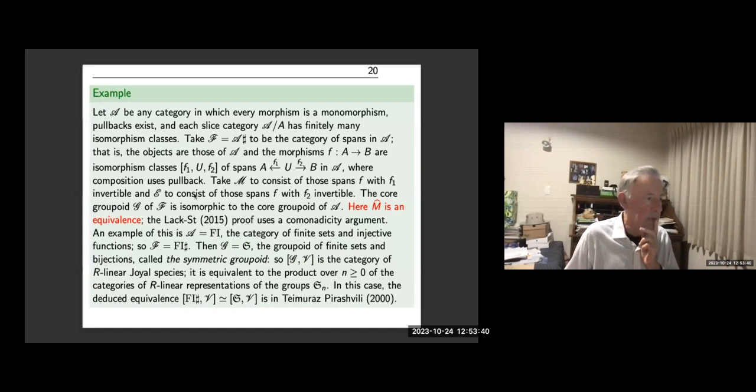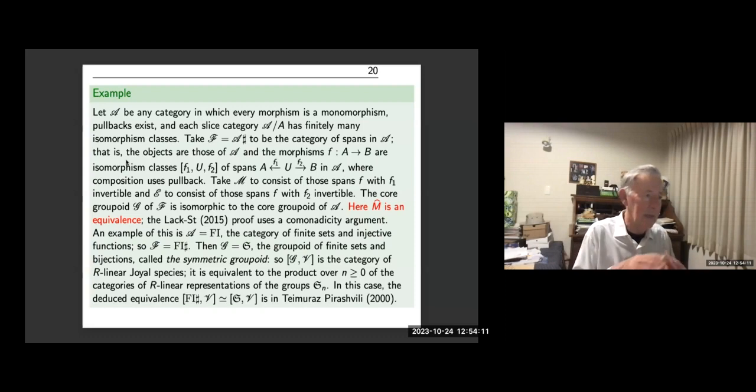So this is like the Pirashvili example. If you had any category in which every morphism is a monomorphism, that's like the original category of finite sets and injective functions. And if you have that every slice category has finitely many isomorphism classes, then I'll write F equals A sharp to be the category of spans there.